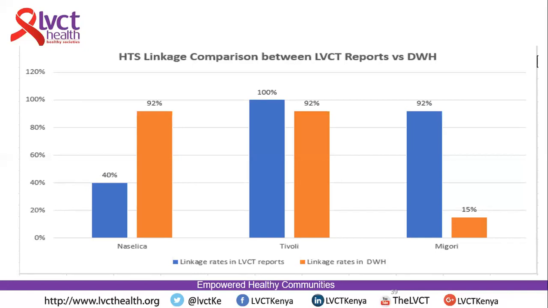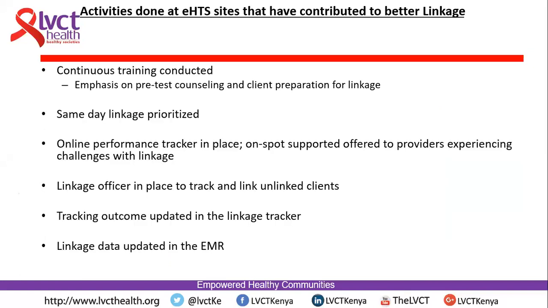And you can see the reporting to the warehouse in terms of linkages is a very, very good percentage. So these are some of the activities that have been carried out in these 3 sites.